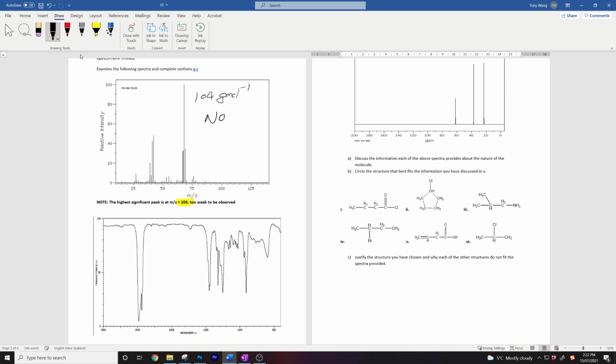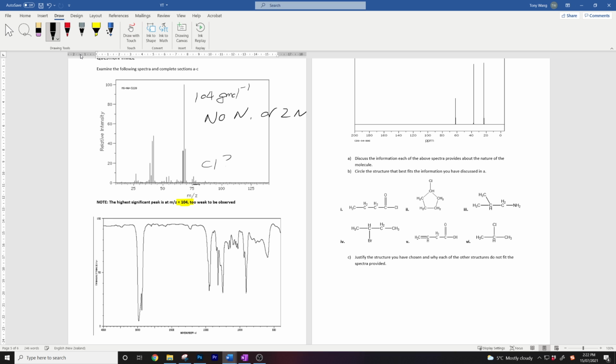That means there's most likely no nitrogen or 2 nitrogens. Are there any Cl or Br? Ooh, this might look like a Cl, but I may have to check on that. Remember, for Cl, they don't have to be right at the end. They could be anywhere at 35 or above. So that could be a Cl, so I'm going to question mark this.